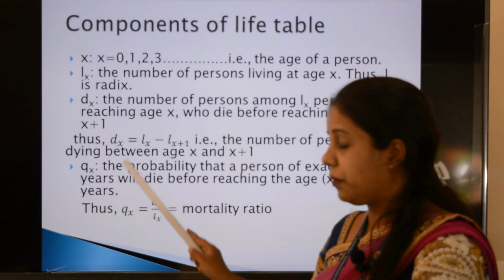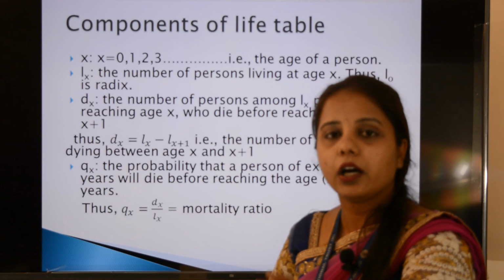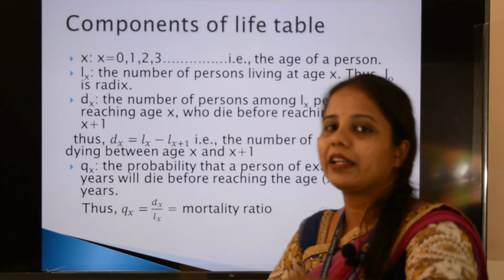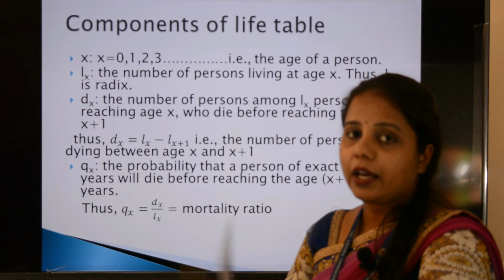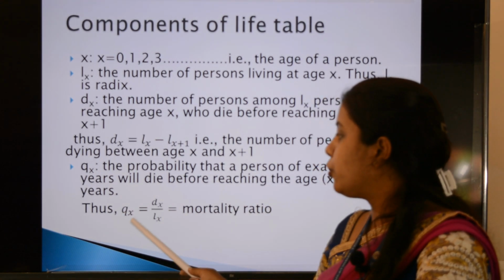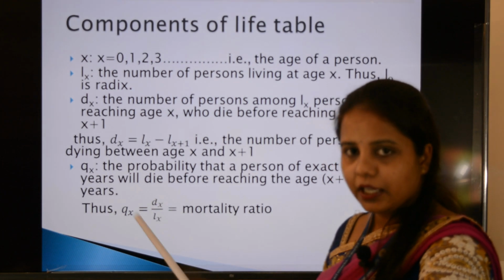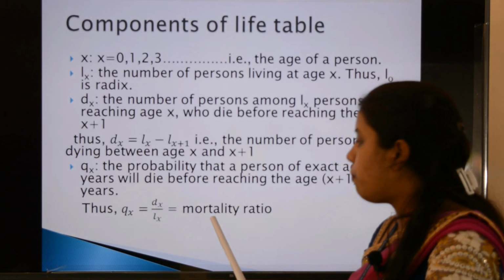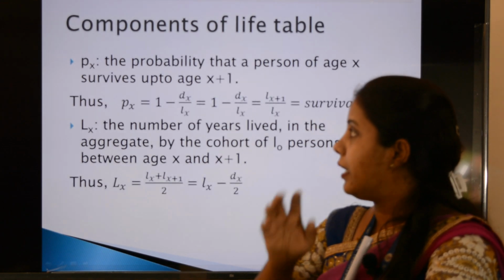So I repeat, Qx is the probability that a person does not reach his next age x plus 1. And remember the formula, Qx is equal to dx by Lx. It is also known as mortality ratio or mortality rate.